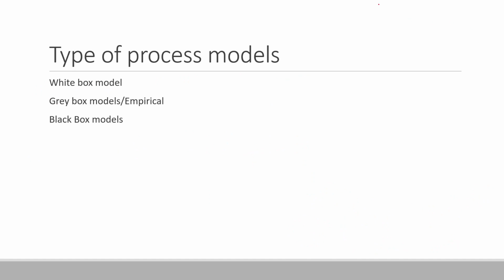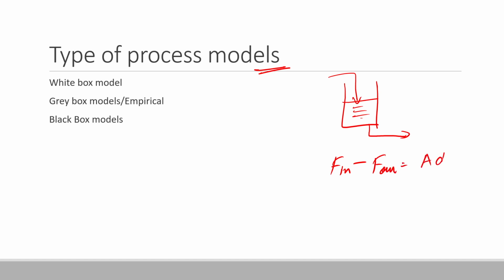Now we discuss the prediction model in brief. There can be different kinds of prediction model. In the earlier case of this level control example, we wrote the prediction model as flow input minus flow output is equal to the accumulation term, that is A dH by dt.